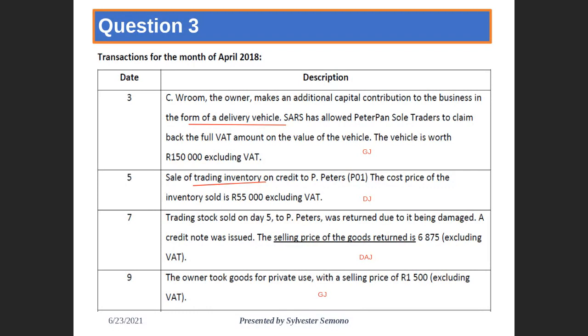Only if the owner took cash could we say CBP. Are we together? But the owner here took goods. This makes the difference, guys. Even in the future, when the owner took goods, we go to GJ. But next time they're going to say the owner took cash, and then you go to the CBP.